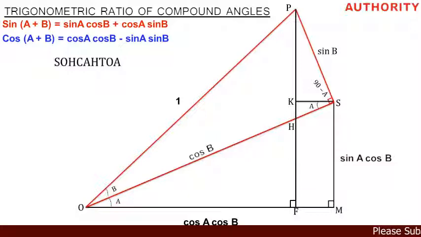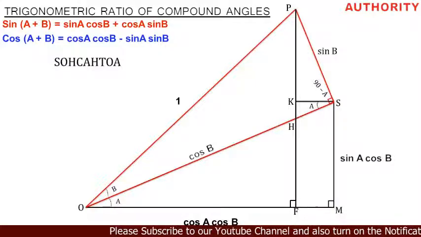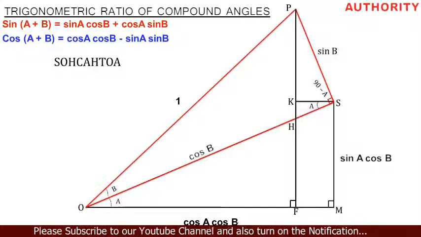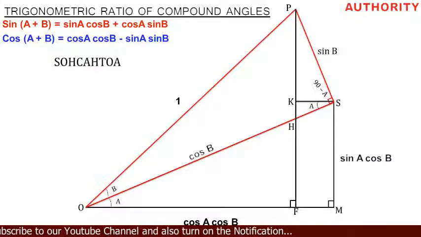Now you discover that before we draw this line, we have our triangle OPS. In this triangle OPS, the angle OSP is what? 90 degrees. Now I will draw a line. That means we cut a portion of this 90 degrees, and this cut portion is making an angle in the line of OS.